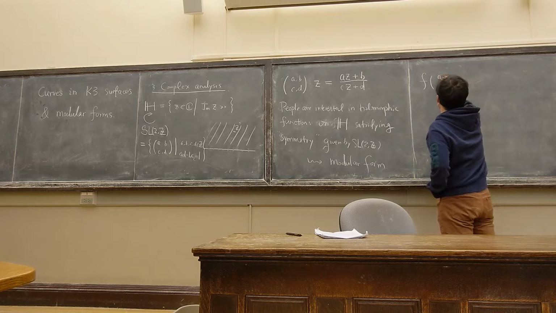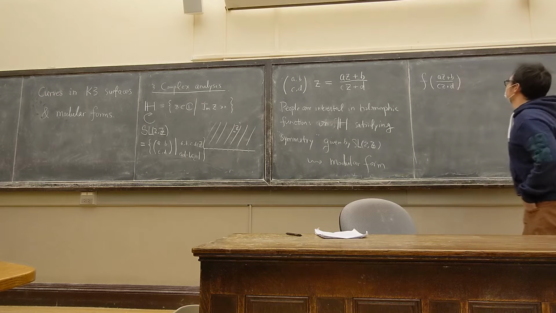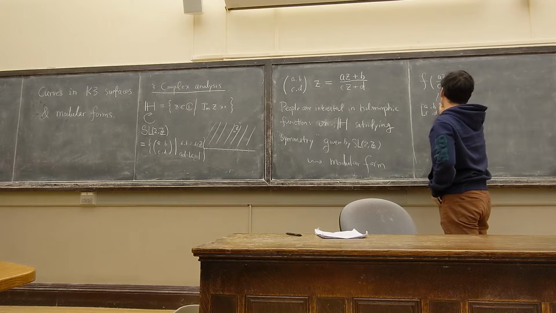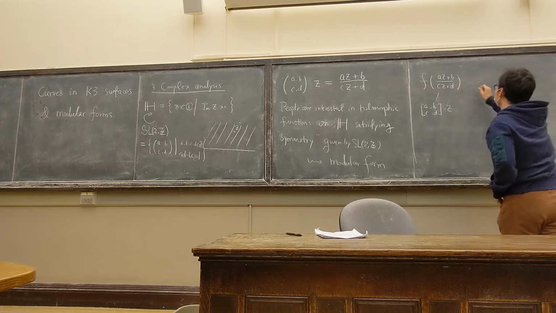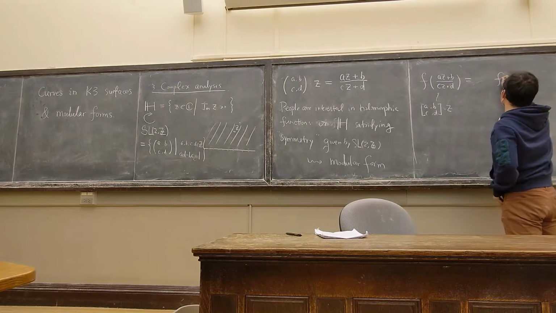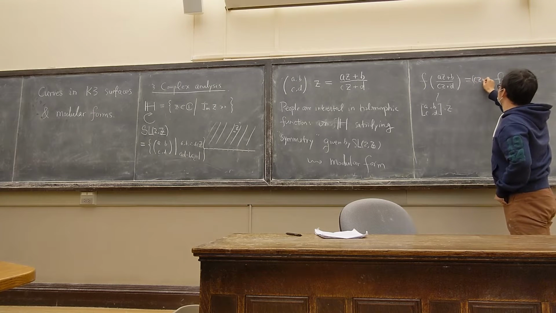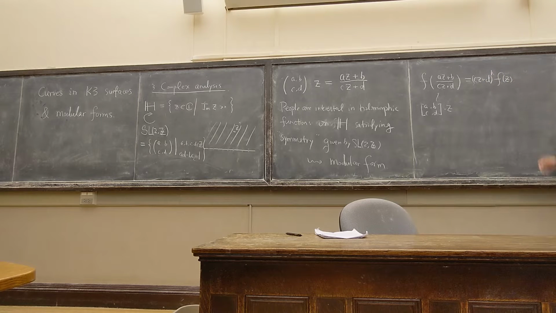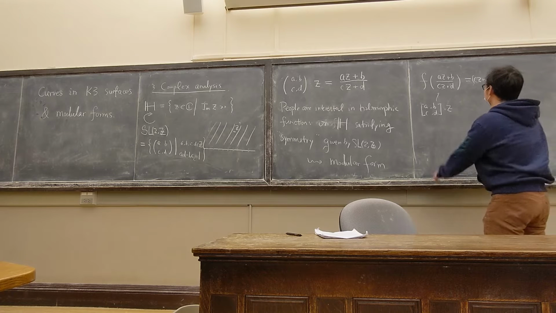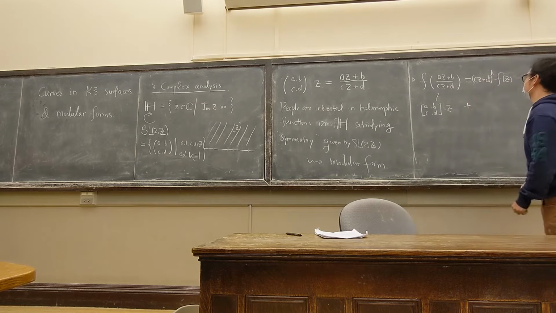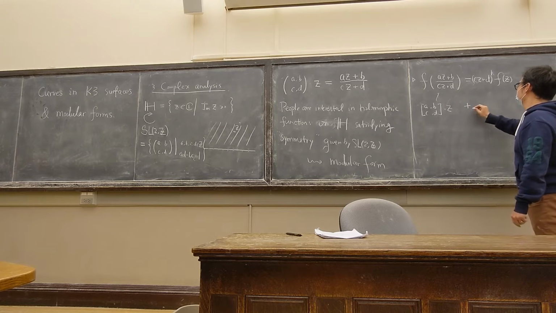So we require that f of (Az + B)/(Cz + D) is equal to f(z), up to a correction term given by (Cz + D) to the power k. So you put this term here, and this is the central, the most important condition.